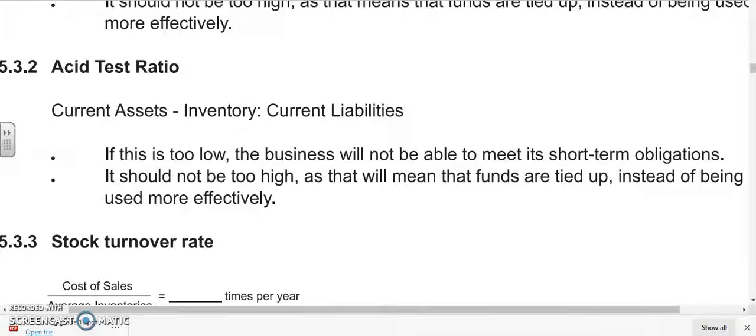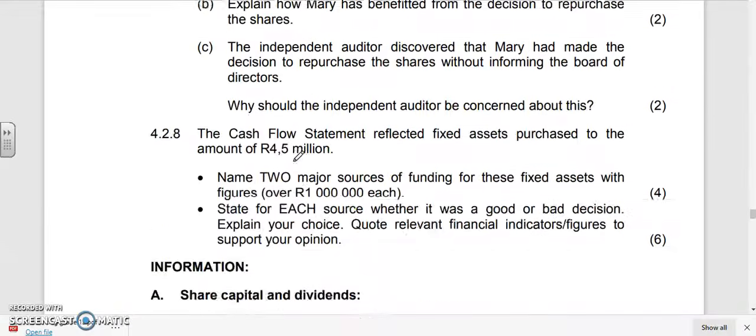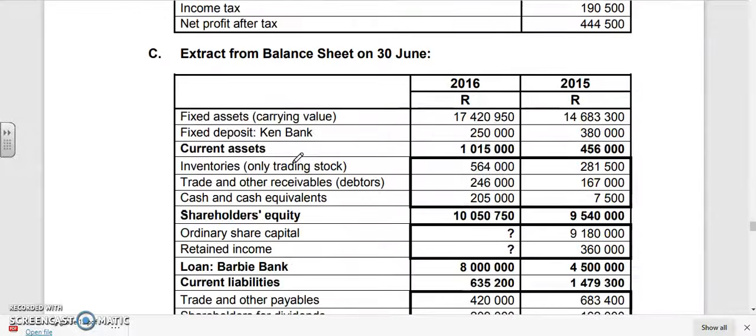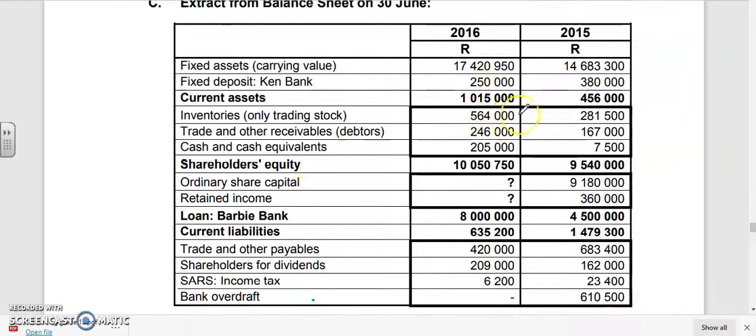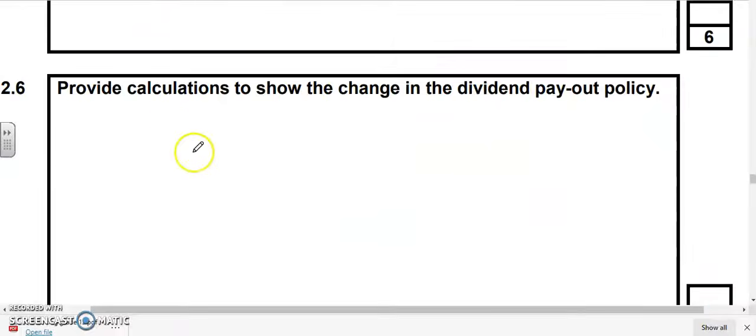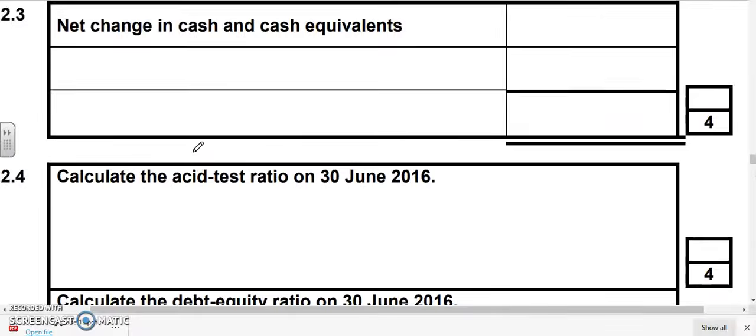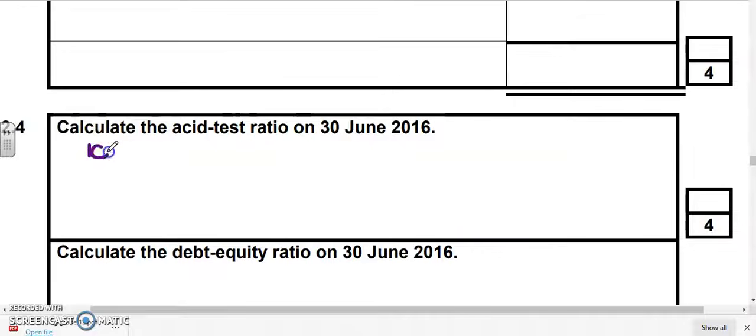So let's get going. We look for our current assets and we minus the inventory. So it's 1015 minus 564. I go to the answer book, asset test. So 1015, which is my current assets, minus inventory, which is 564, is to current liabilities.